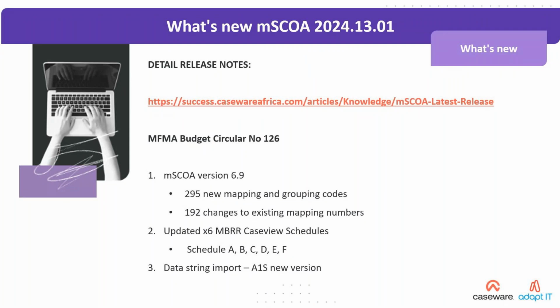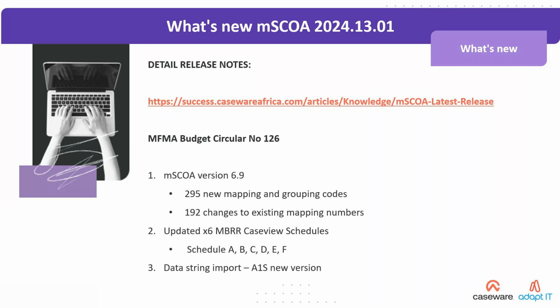So the first part is the MFMA Budget Circular number 126 that was issued. It essentially dictated or gave reference to what the changes are going to be within the software. The first part was mSCOA version 6.9. That outlined the changes that we had to make, which involved 295 new mapping and grouping codes.